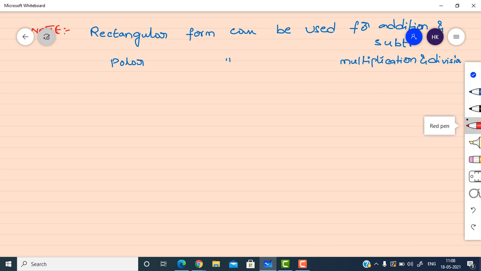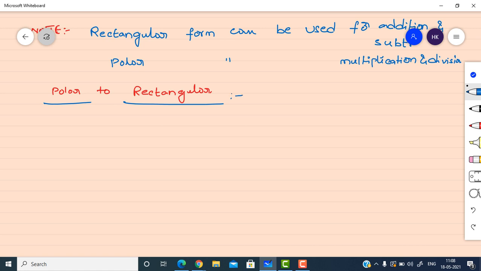Now let us see the polar to rectangular conversion. I have a polar form but I need it in the rectangular form. So how do we convert polar to rectangular form? Polar form representation, we know, is r at an angle phi, plus or minus phi.